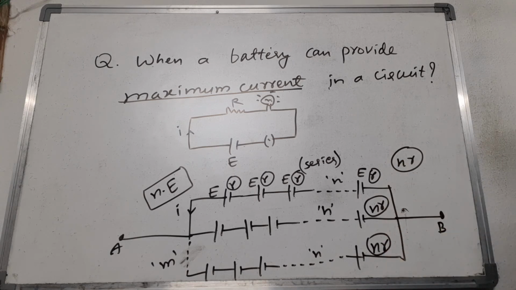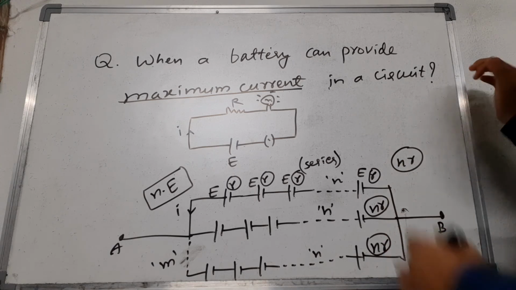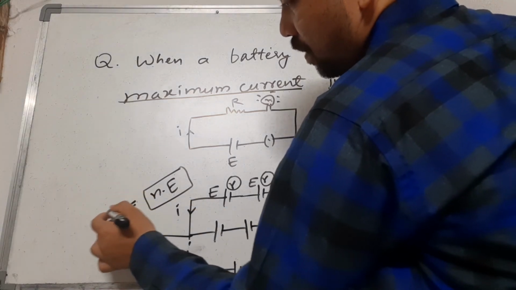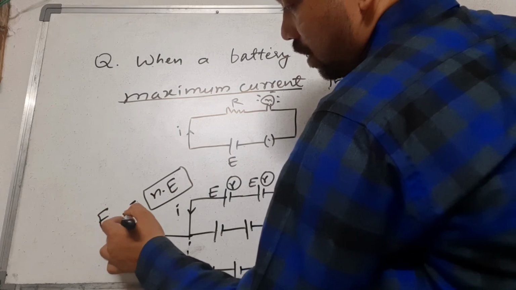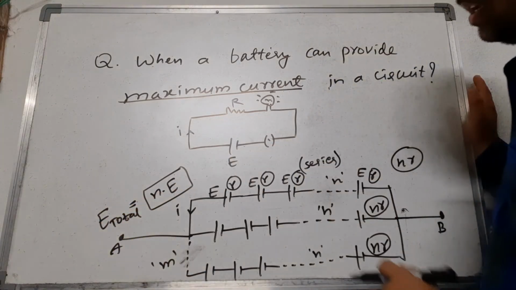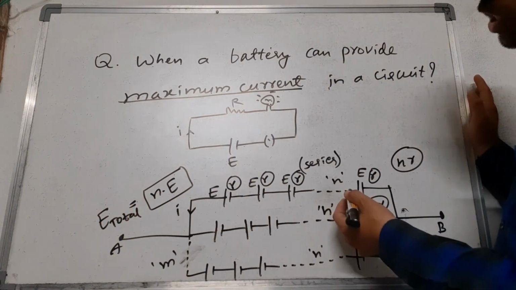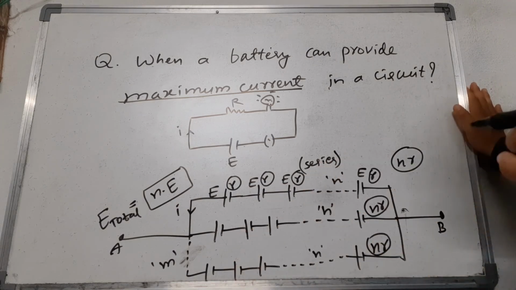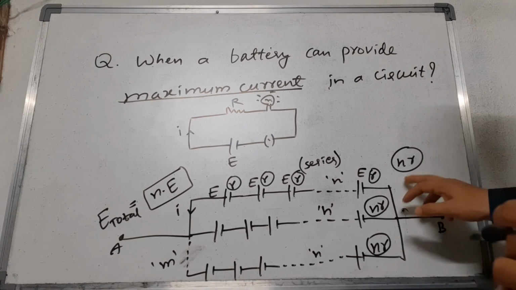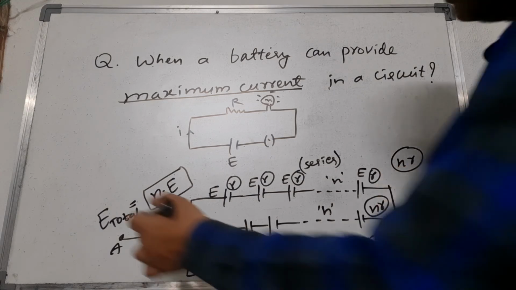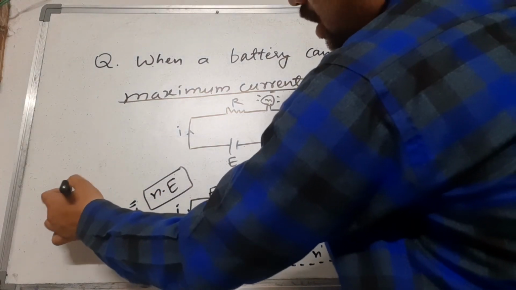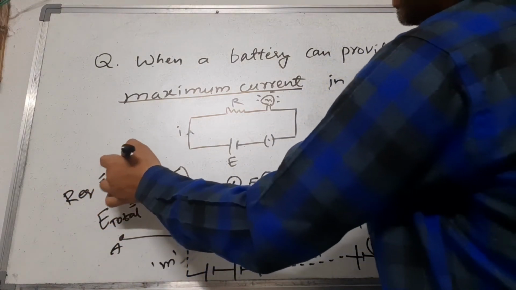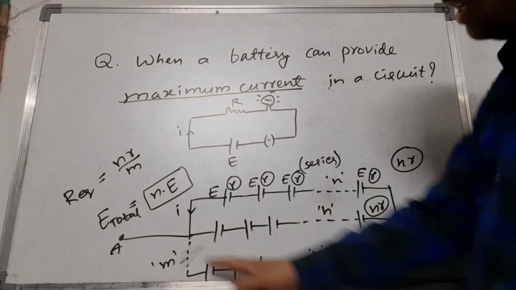So the total effective resistance between A and B is, this is E total. Total EMF is N into E. Why N into E means, in the first row how much EMF is there, in second row will be same, continued when they are connected in parallel. But resistance when they are connected in parallel, what happens? The resistance decreases. So R effective is equal to N into R by M, as M series are there.